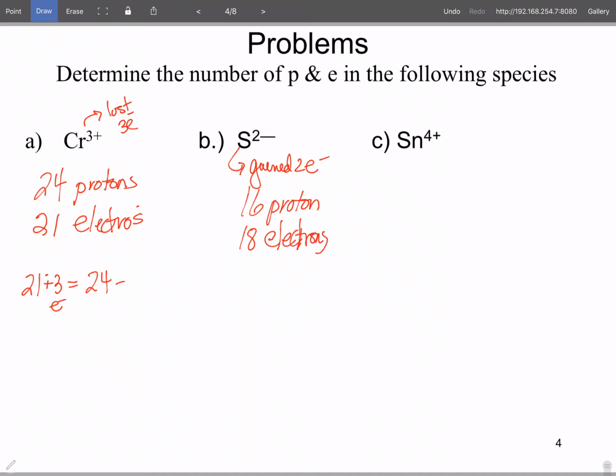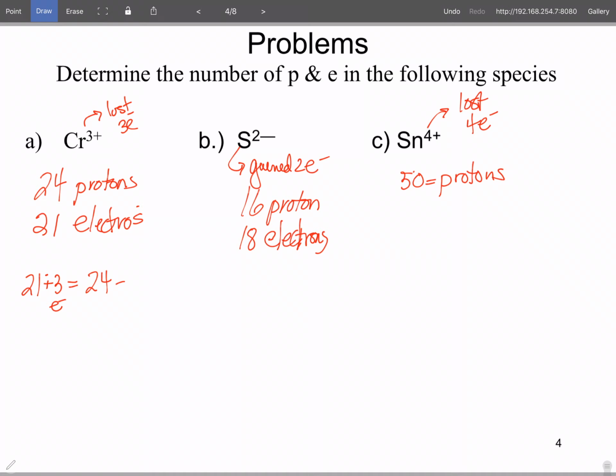All right, tin 4 plus, we lost 4 electrons. And so if we look at the atomic number of tin, it's 50. So we have 50 protons. And remember, when we form ions, we're never going to lose or gain protons. That's radioactivity.